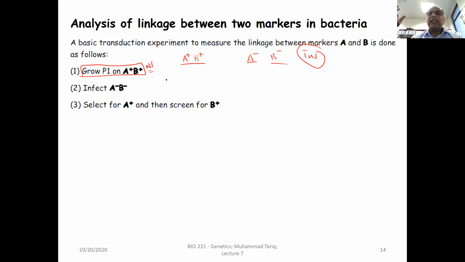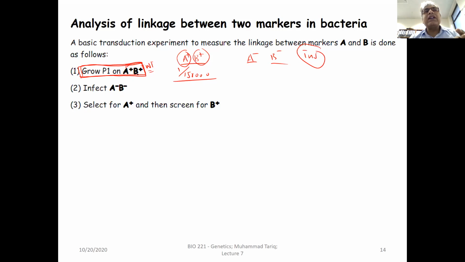You don't know whether A minus, B minus are dominant or recessive because the bacterial genome is haploid.